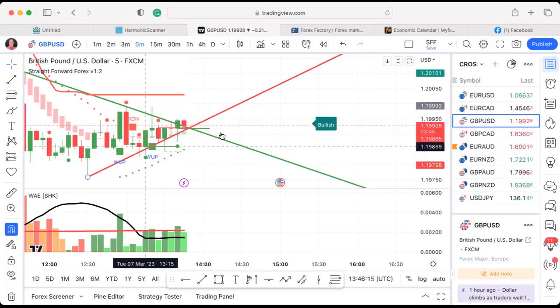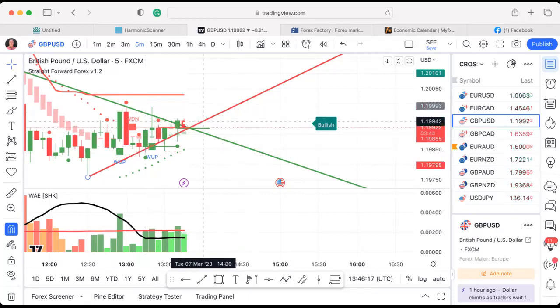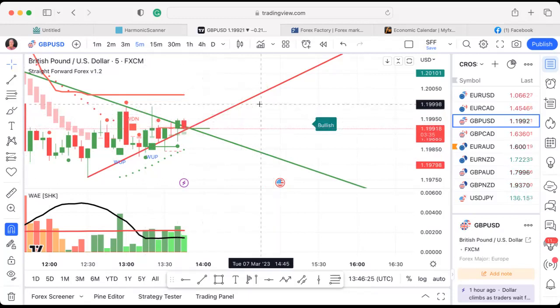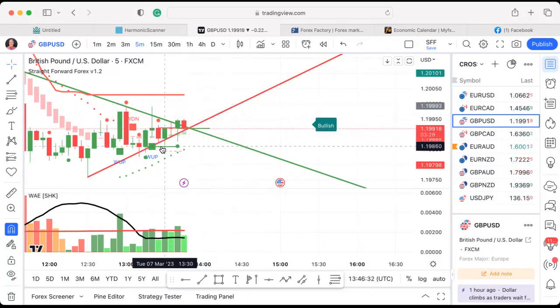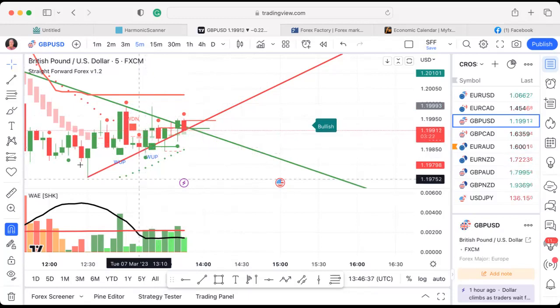So I might go down to there. If this changes to green and starts to go up, I'm going to do a theoretical trade just to show what the process is. So this would be my stop loss down here. It's the bottom of that engulfing candle, so I'll mark that as my stop loss.